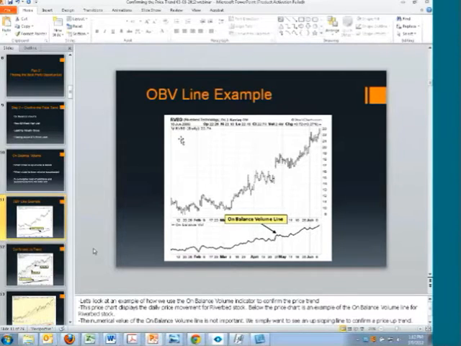Here's an example for Riverbed stock. We have the daily stock price activity on this top half of the chart. And then below here, we have the on-balance volume line. And you can see that the on-balance volume line is sloping up, and that confirms this price uptrend.